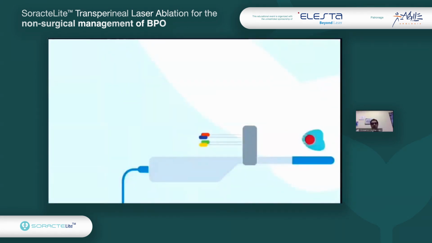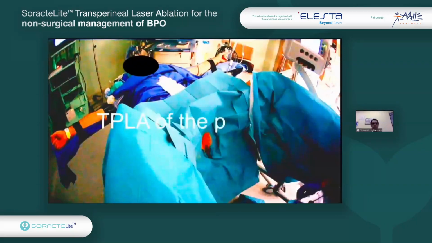Basically, this is a schematic view of the treatment. We perform this treatment placing these fibers using a brachytherapy grid, because we believe this gives a little more stability during the treatment. And as we have already seen, the treatment causes an area of coagulative necrosis.